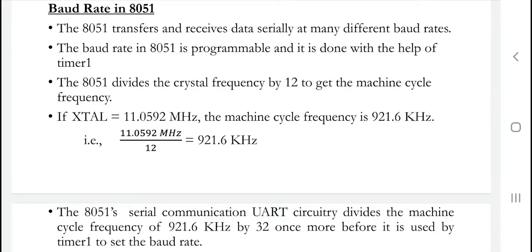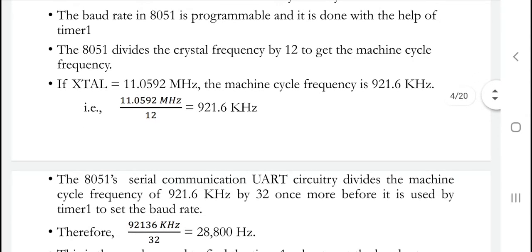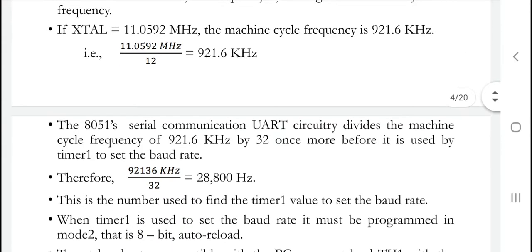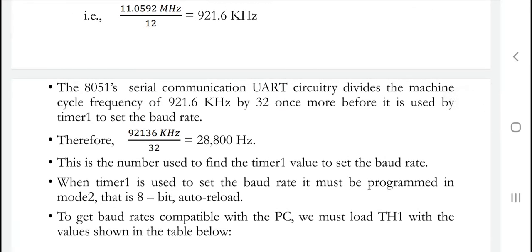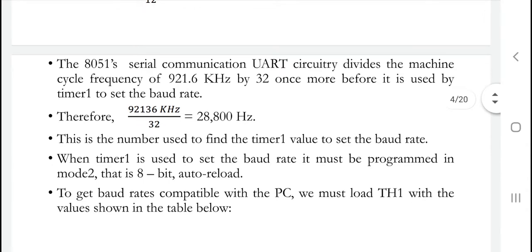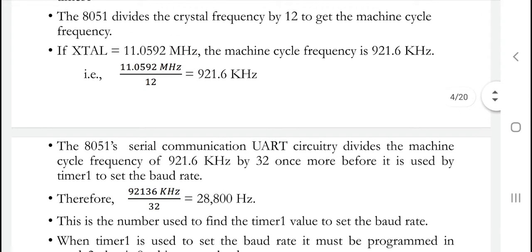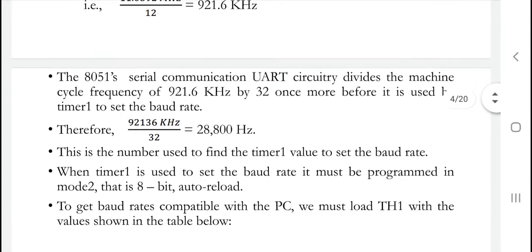So 8051 divides the crystal frequency, whatever the frequency generated by the oscillator, by 12, and the frequency you get is 921.6 kilohertz. This UART, that is the 8051 serial communication, divides 921.6 again by 32 to set the baud rate.